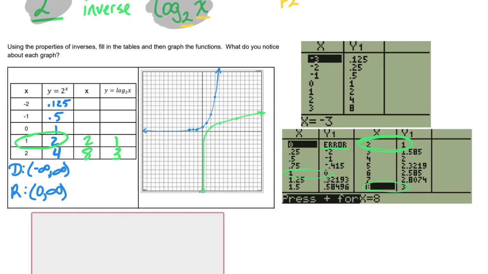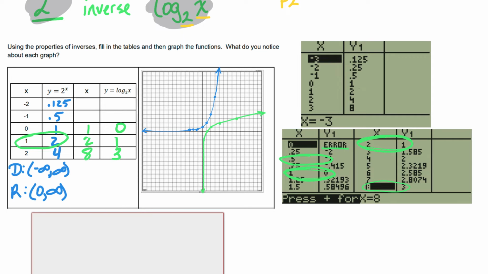Had we looked further down our exponential functions, what we would see is that 2 to the x power has an output value of 8 at 3, so the pair 3, 8. Just like we were talking about, 0, 1 was an ordered pair yesterday. Today, the ordered pair is, sorry, I said that backwards. 1, 0. Today's ordered pair is 1, 0, not 0, 1.